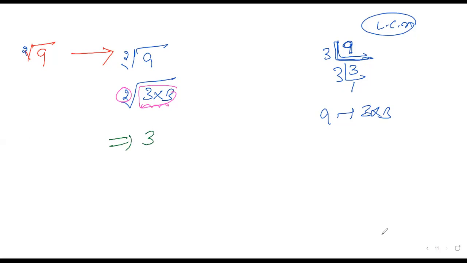Next, we'll switch to the next case. 16 you can take, the square root of 16. The square root of 16 means you take the LCM of 16 directly. It's very important, please concentrate here.